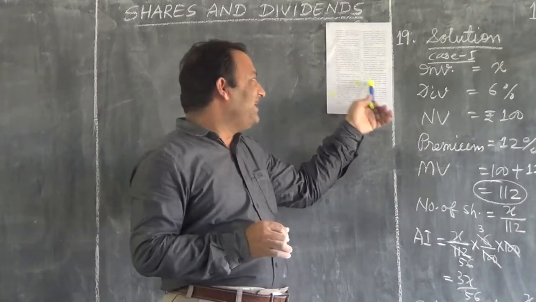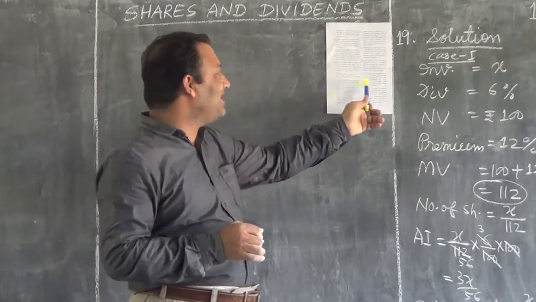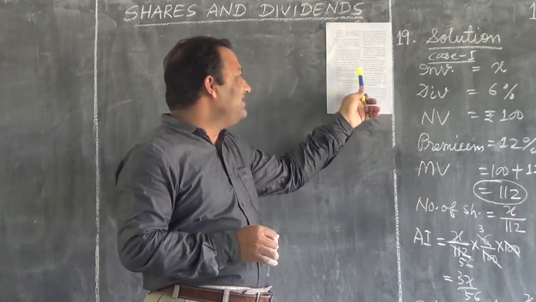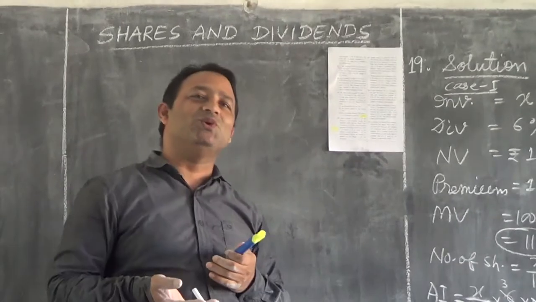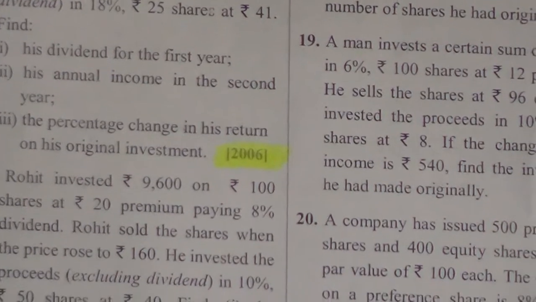But in this year there was no Corona. When this man was doing this transaction, there was no Corona. So tell me, income changed means income decreased or increased?